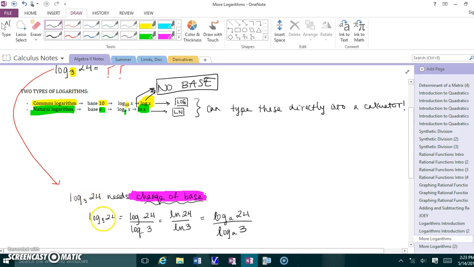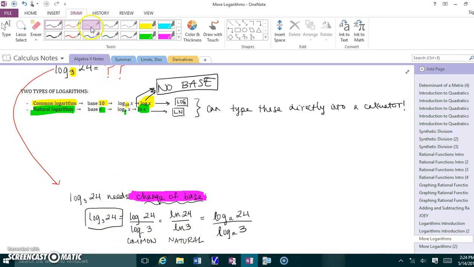So here's the deal. If you need to do it on the calculator, you need to rewrite this logarithm. And you need to rewrite it using a quotient, so division, of two different logarithms. And you can either do it with the common log, so common log of 24 over common log of 3, or you can do it with natural log of 24 over natural log of 3.